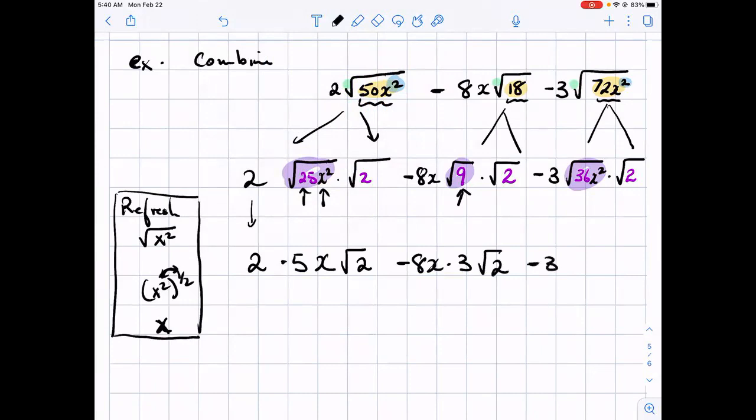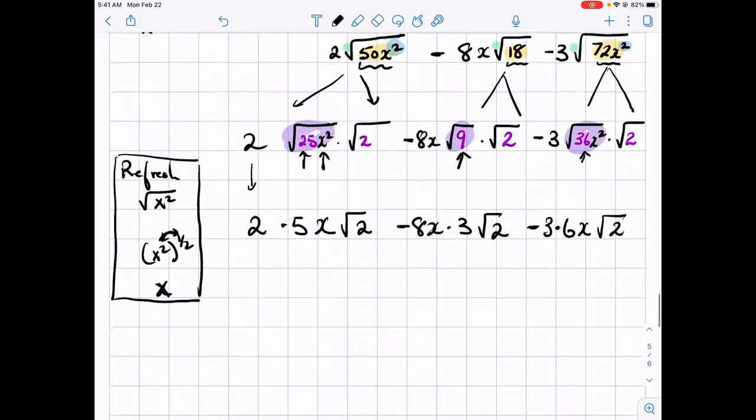Minus 3, right? So this portion here comes out to be the square root of 36 is 6. And make sure you put a times there, because you don't want it to be written as 36. So 3 times 6. And if you take out the square root of x squared, that's x. And radical 2 is left.